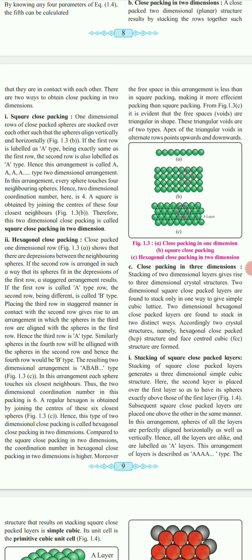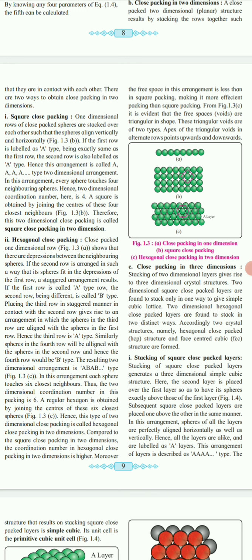From figure 1.3c, it is evident that the free spaces, voids, are triangular in shape. These triangular voids are of two types. The apexes of the triangular voids in alternate rows point upwards and downwards.